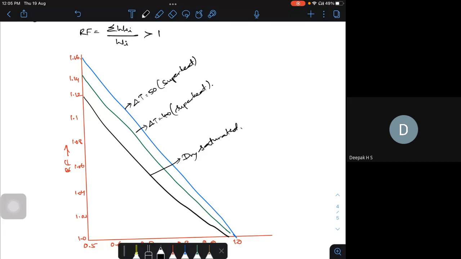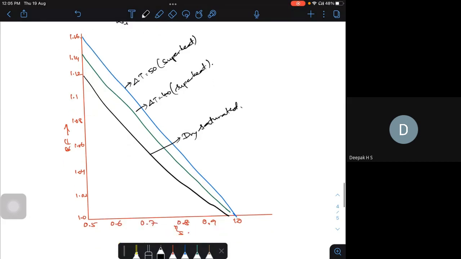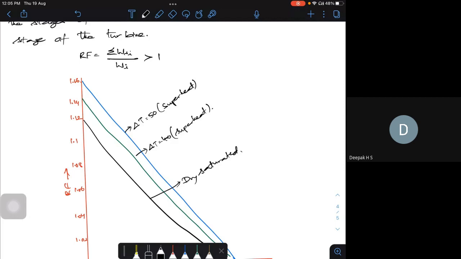What I can conclude is that for dry saturated steam, the curve is flatter, and for superheated steam, it is steeper. The reheat factor has been found to vary between around 1.04 to 1.16, from a dry condition to a superheated condition.